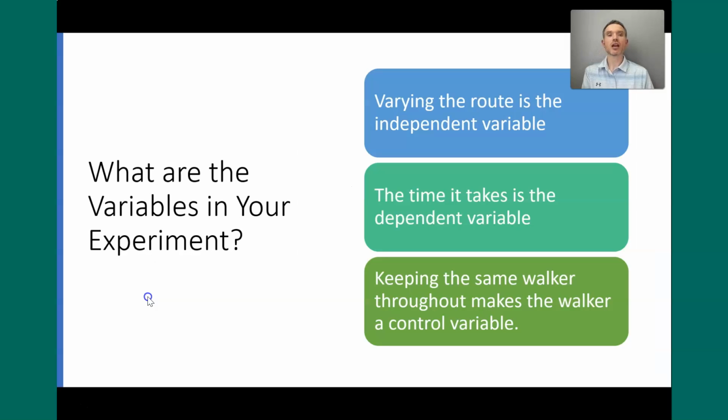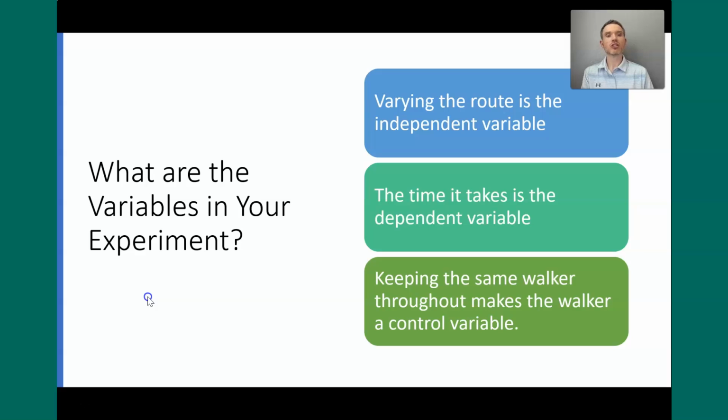So let's look at the three variables in our example. The independent variable is the different routes that we take. Route A, route B, route C. The dependent variable is the amount of time it takes us to do that. Notice that this is going to be something that we can measure or observe at the time.